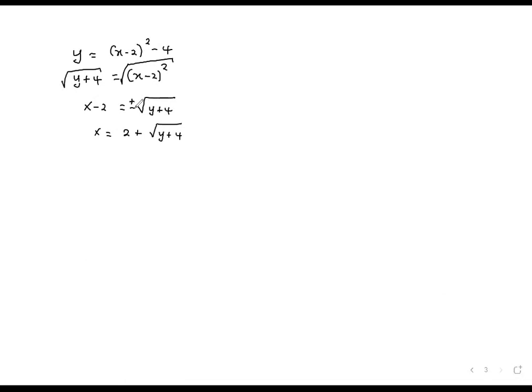Because we have limited the domain, we are saying f inverse of x is equal to 2 plus root of x plus 4, or f inverse of x is equal to 2 minus root of x plus 4. So each one has its domain. The minus one takes x less than 2. The positive one takes x greater than 2. So that's how you get the inverse.